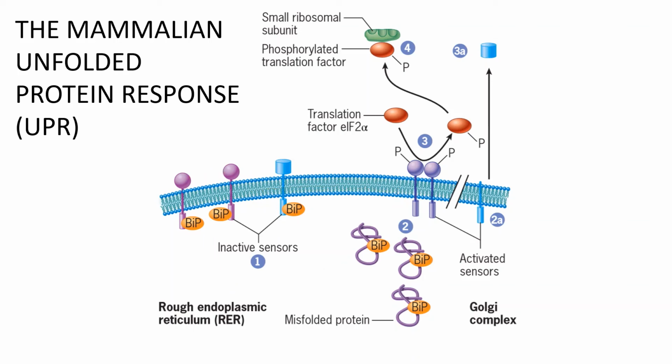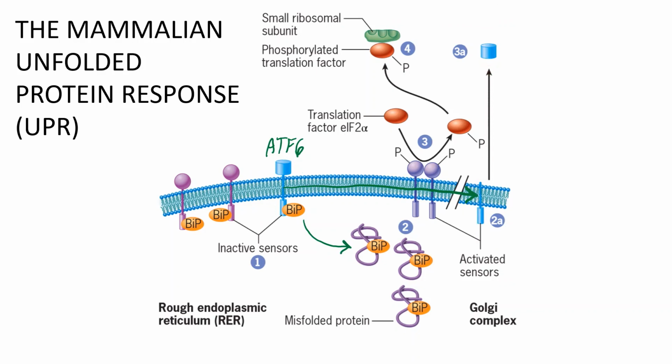Okay, next, we have this ATF6 pathway. ATF6 is also attached to these chaperone proteins, BiP. And the same mechanism, the BiP prevents this from becoming active. When the BiP detects misfolded proteins here, it leaves the ATF6. The ATF6 becomes active. And when it's active, this cytoplasmic portion is going to detach from the membrane-attached portion. It's going to go up as we see here.